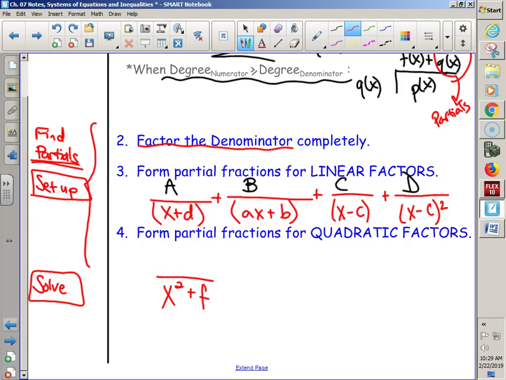And I can give you an example on the board. If this is too hard to think about, I can give you an example of one of these factors like x squared plus 4. If I told you to factor x squared plus 4, oh, it should be x plus 2, x minus, no it's not. That's x squared minus 4. But how do you factor that?